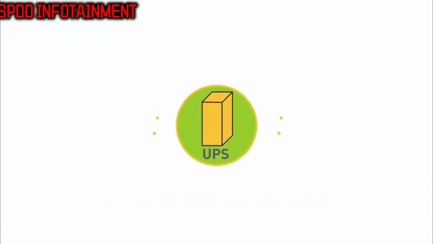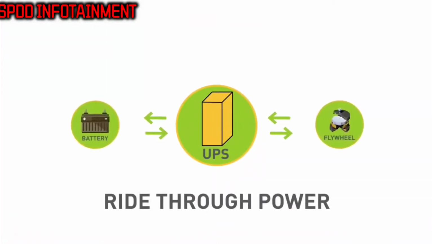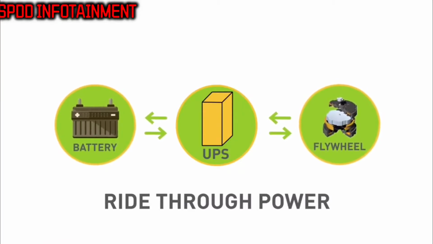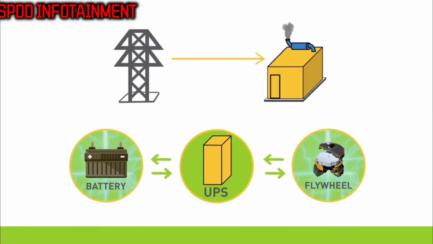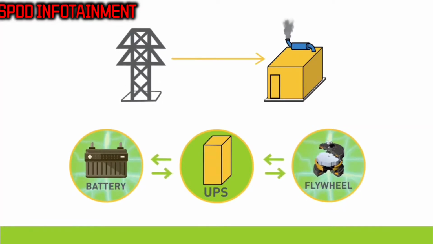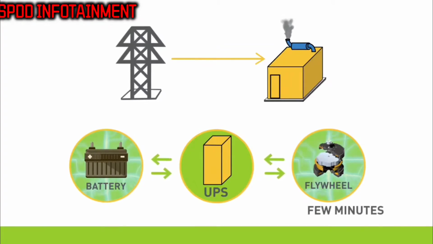The standby power provided by UPSs is known as ride-through power and can be either a battery or a flywheel system. Both systems store a specified amount of energy to span the time between utility power outage and generator power startup. The flywheel UPSs, when used in series, can generally generate sufficient power for at least a few minutes.